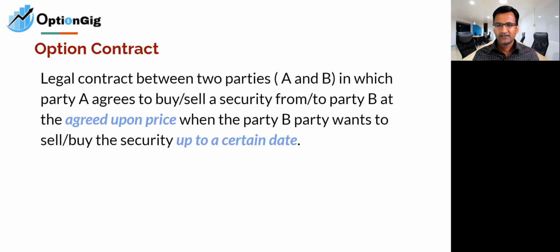So it's like if I'm transacting with Jane and I say, Jane, I'll buy these shares from you at this price, any time before January 15th, whenever you want to sell it. So that is an option contract. We'll dig a little deeper into this with some more examples.